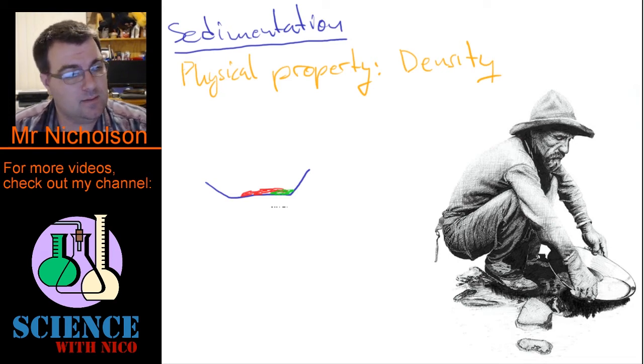This basic setup is still applied today, using essentially a mechanical version known as a jig, which is just what it sounds like, a large mechanical vibrating pan that separates materials on the basis of density. That's really all there is to it when it comes to sedimentation. Let's have a look at our next technique.